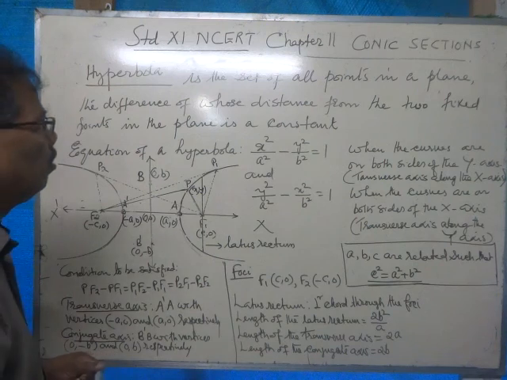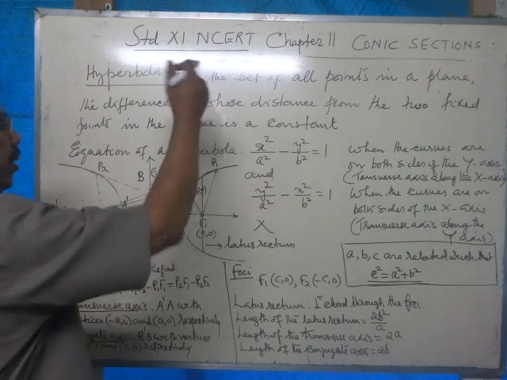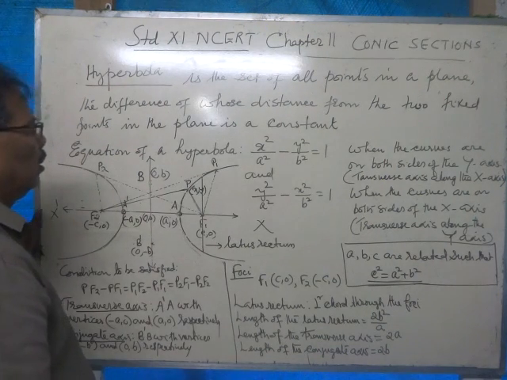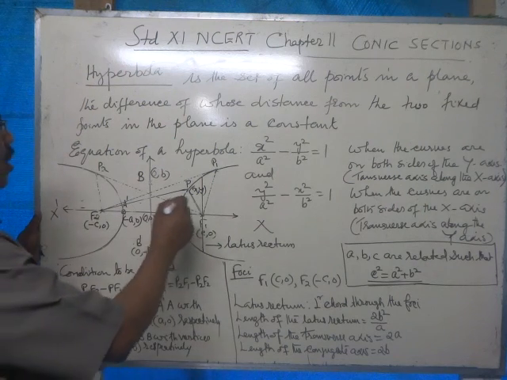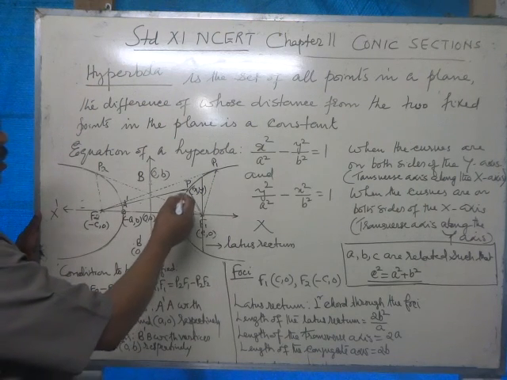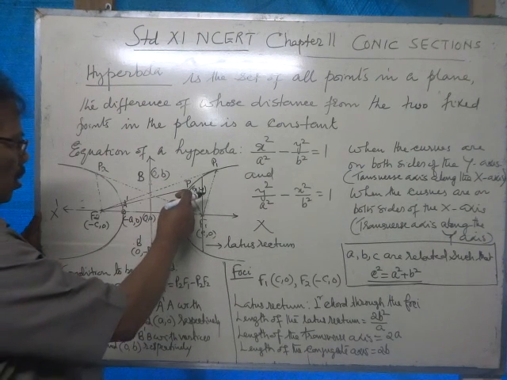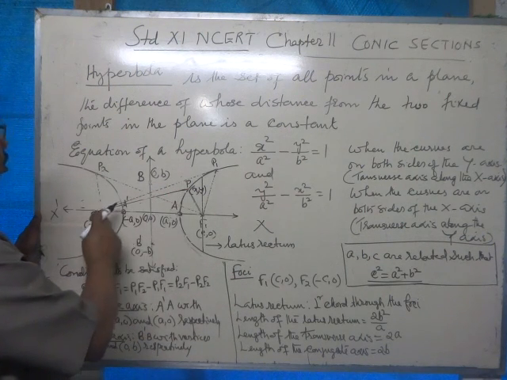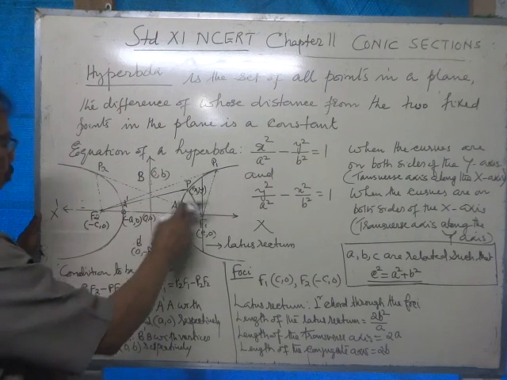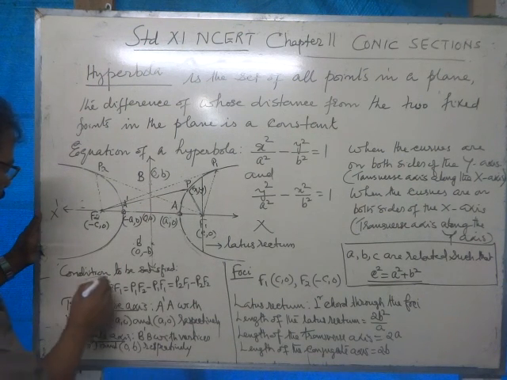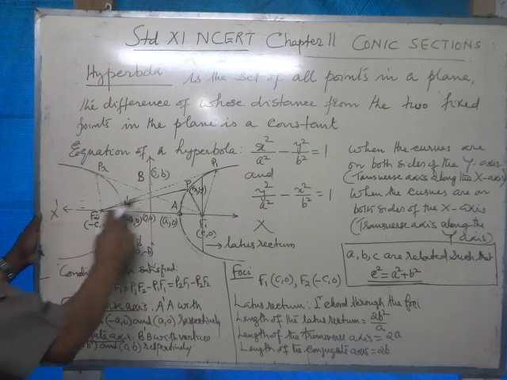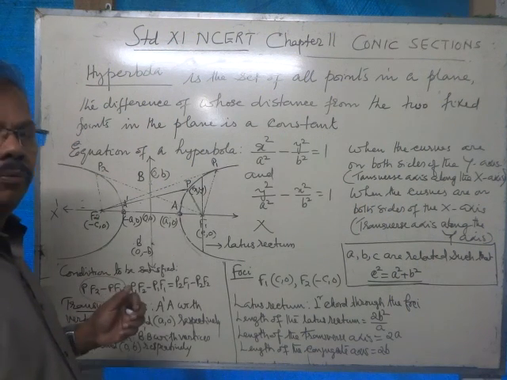Now, by the definition, it is the difference of distances from two fixed points, PF2 minus PF1. That is the difference of distances of P from the two fixed points F1 and F2.